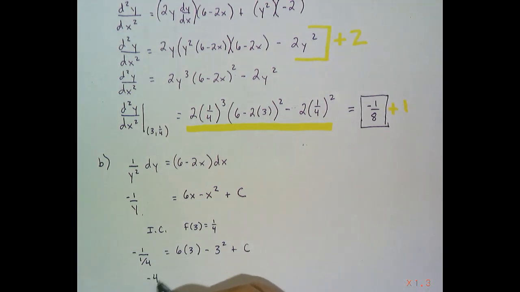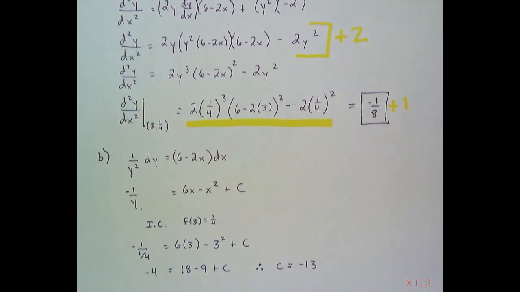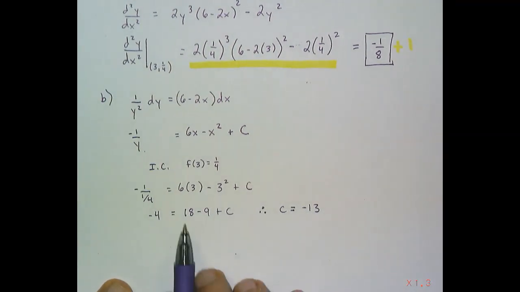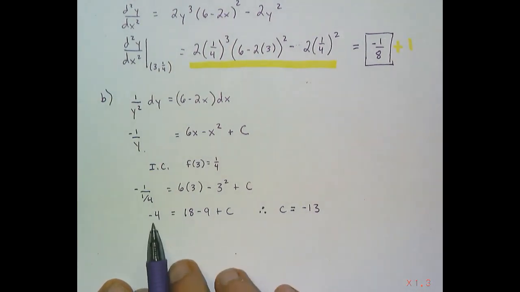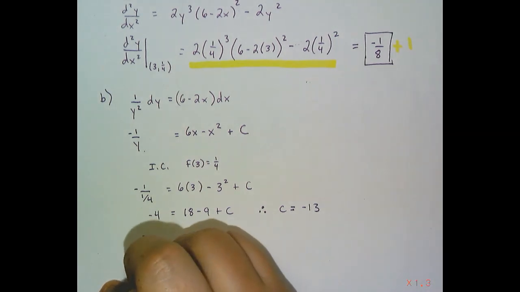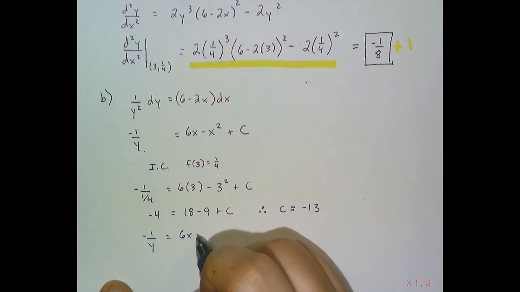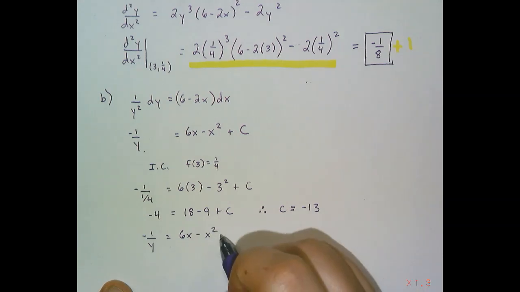Negative 4 equals 18 minus 9 plus c. In this case, c equals negative 13. 18 minus 9 is 9. Negative 4, subtract the 9. There we go. So our equation, negative 1 over y, is 6x minus x squared minus 13.